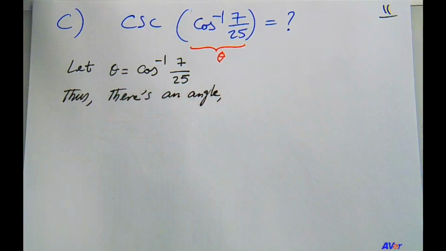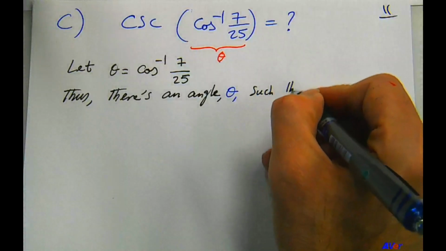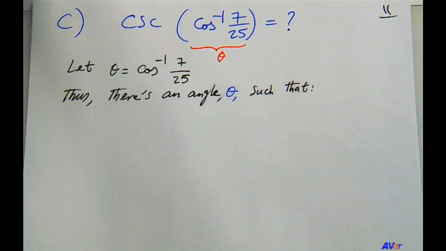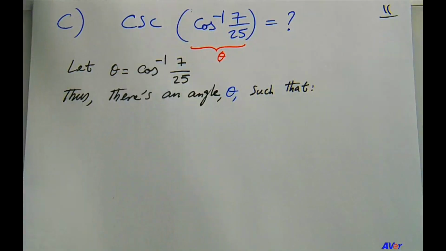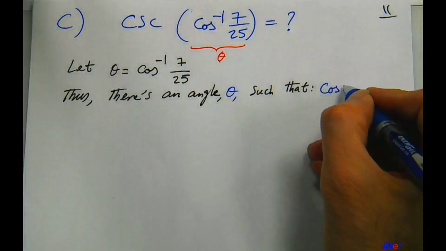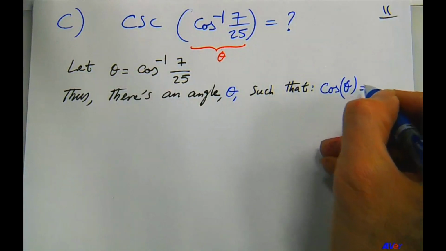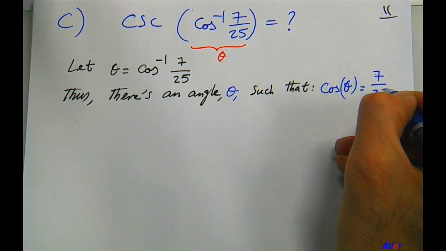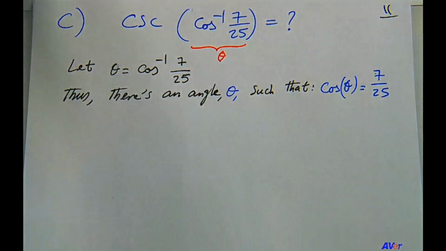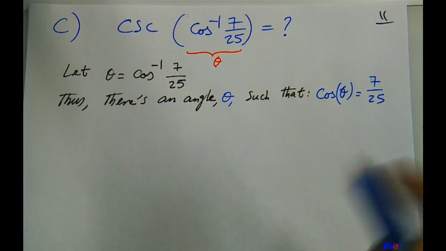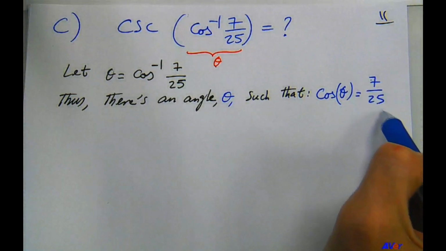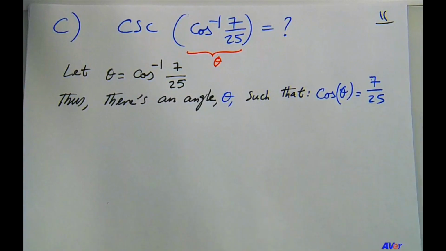So therefore, or thus, we have an angle theta such that cosine of theta would be equal to 7 over 25. Okay, so we know that this must be the adjacent and this must be the hypotenuse, right?